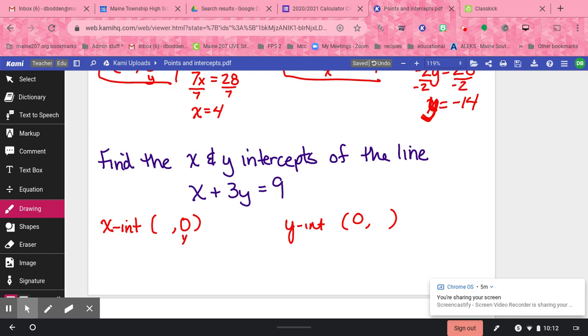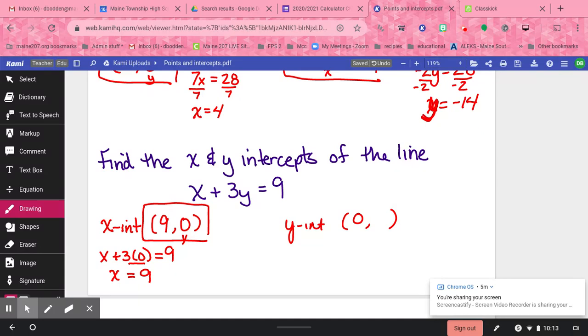Again, my y value is 0, so I come up to my equation, substitute 0 for y. 3 times 0 is 0, so I'm left with x is equal to 9. That makes my x-intercept (9, 0).